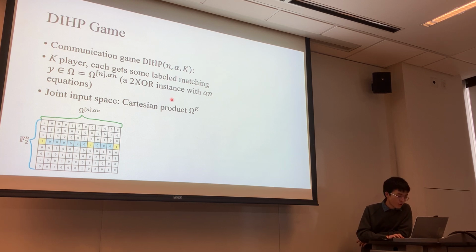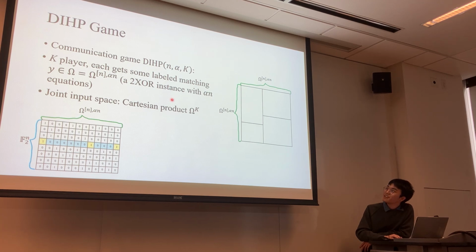We're going to put this matrix aside and consider the joint input space. So here I'm only drawing omega to the second power. Suppose the first player sent a bit of message, and it's going to divide the joint input space into 2 rectangles.